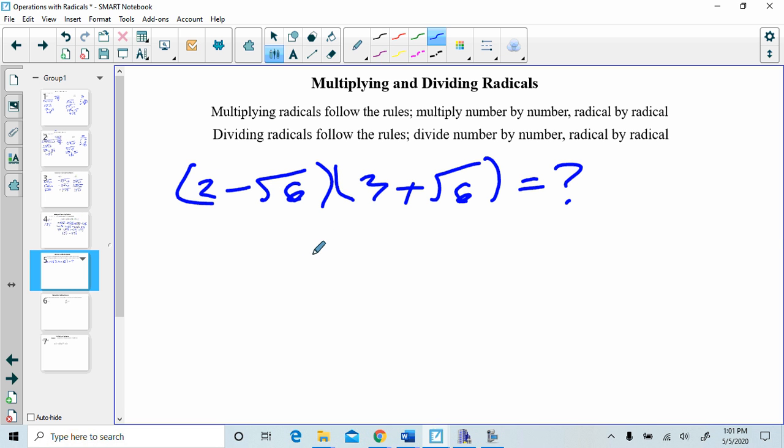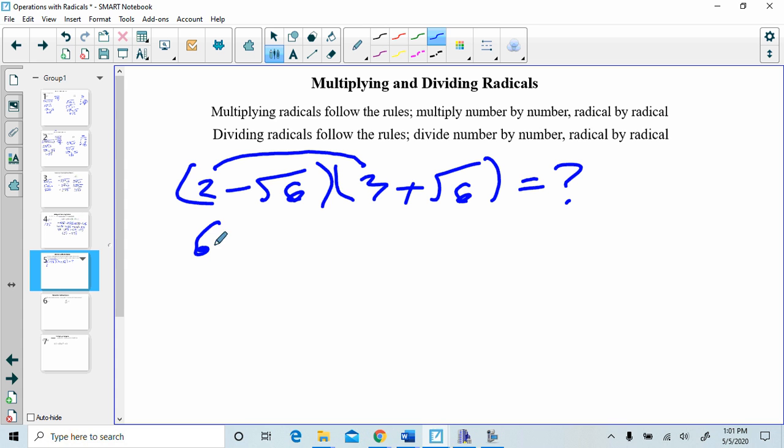Okay, so we're just going to multiply, as the points are said, number by number, radical by radical. Okay, so in this case, we're going to take the 2 minus root 6 and multiply it by the 3 plus root 6.